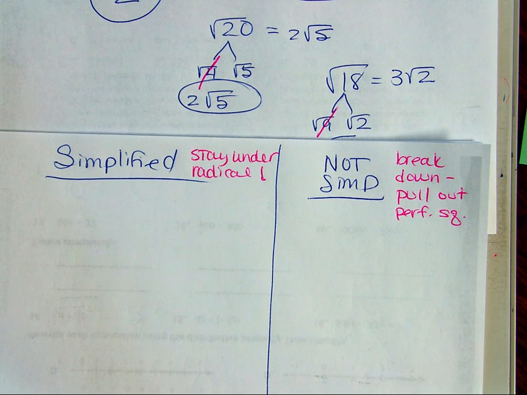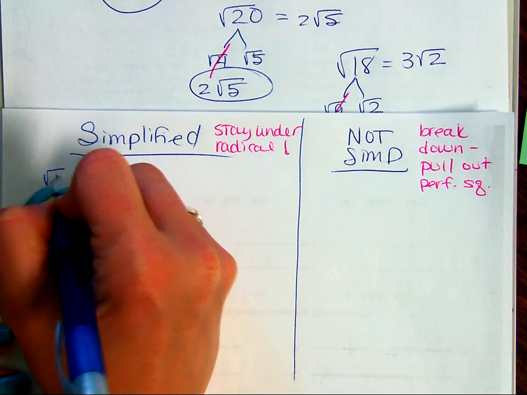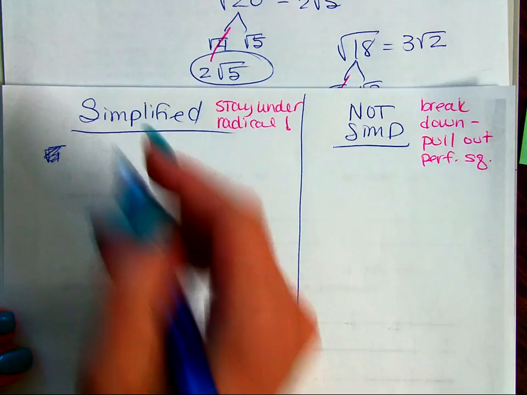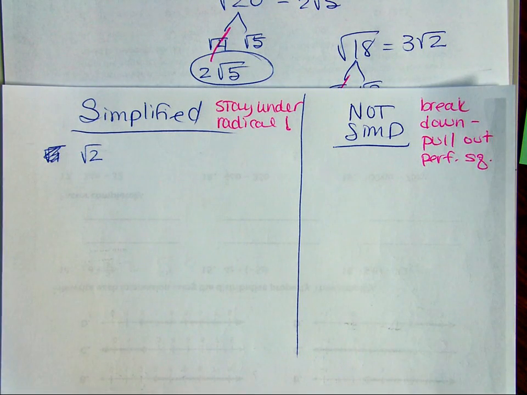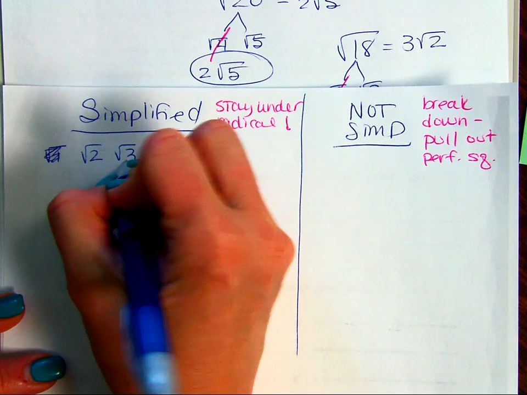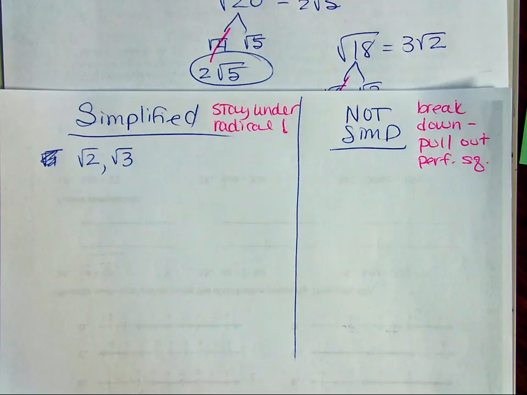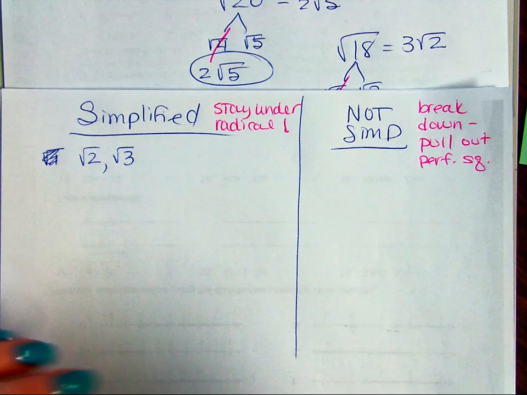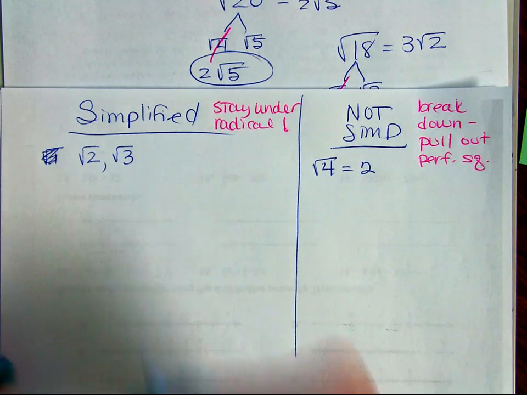So, the square root of 1 comes out. The square root of 2 has to stay under the radical because it's not a perfect square, right? The square root of 3 stays under the radical because it's not a perfect square. What column does the square root of 4 belong in? Obviously not there, because the square root of 4 comes out and it's 2.